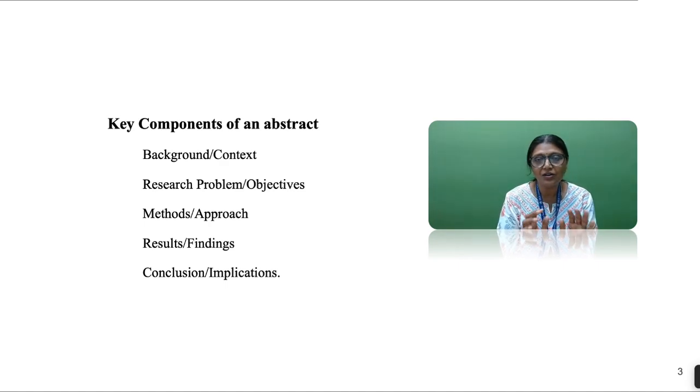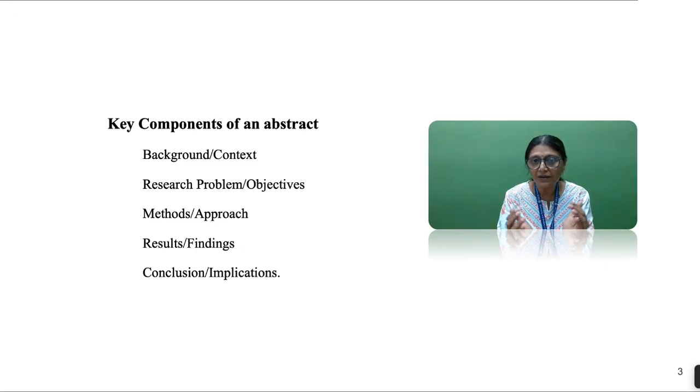After setting the context and talking about the background, the researcher should move on to talk about the research problem. The problem that the researcher has identified to explore and solve, or to make the reader understand what kind of thing that research is all about. Once we talk about the research problem, we go on to talk about the objectives, the aim of the research.